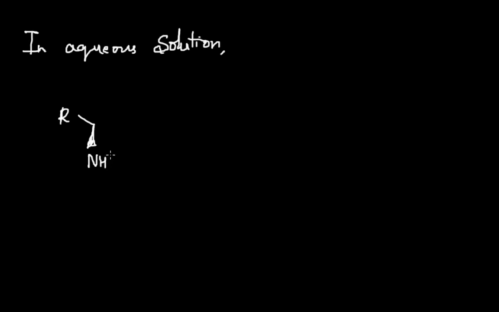If this is some neutral R group, this is the cationic form.